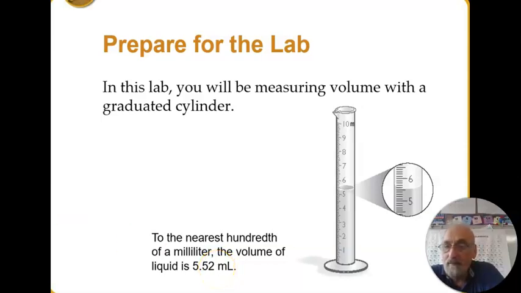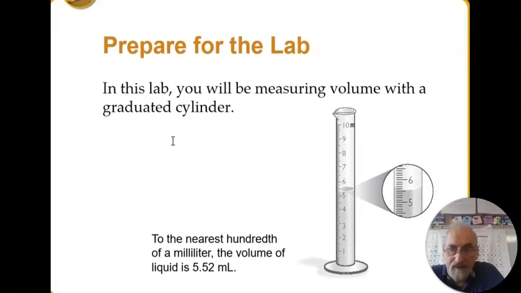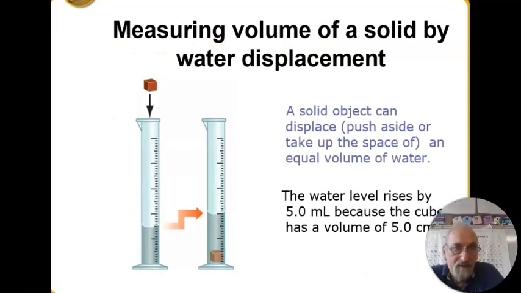And we can measure solids using a technique called displacement. So if we put water in a graduated cylinder and then we add a solid to it, the water level will rise, and the volume of water displaced, pushed away by the solid, is the volume of the solid.